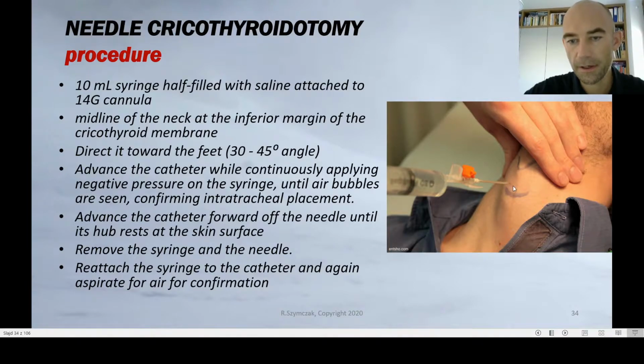As you can see here, the inferior margin of it, and you should direct it at least 30 to 45 degrees angle towards the feet, so in the direction of the chest.